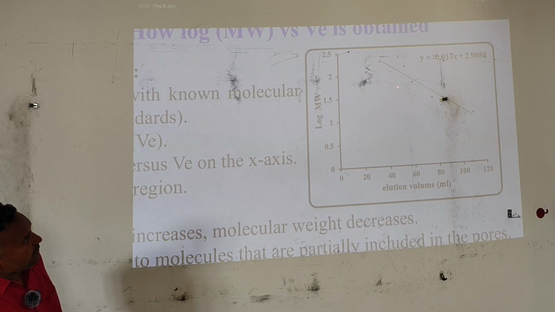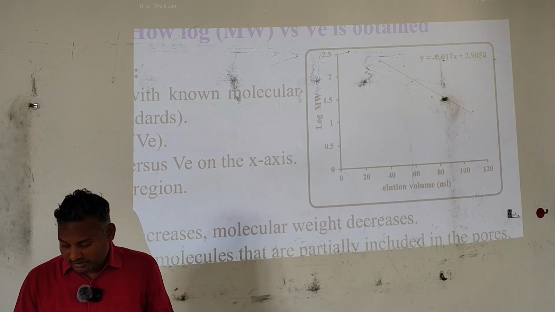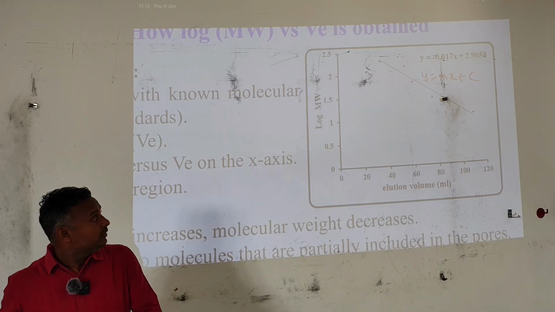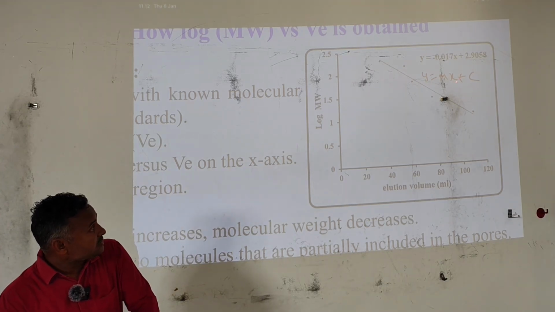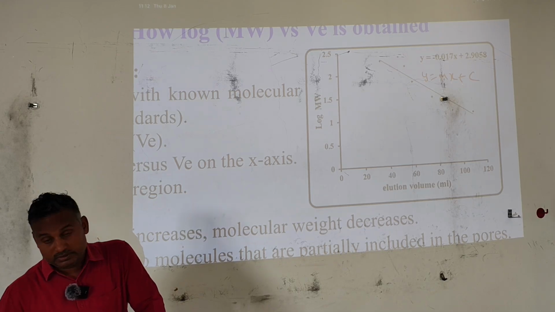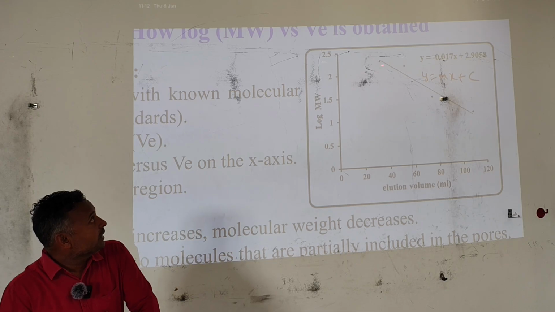Because this is a logarithmic function, we are getting a graph like this, and in this graph it is a linear graph. For linear, we have y equals mx plus c, where y is the y coordinate, x is the x coordinate, m is the slope, and c is the intercept.